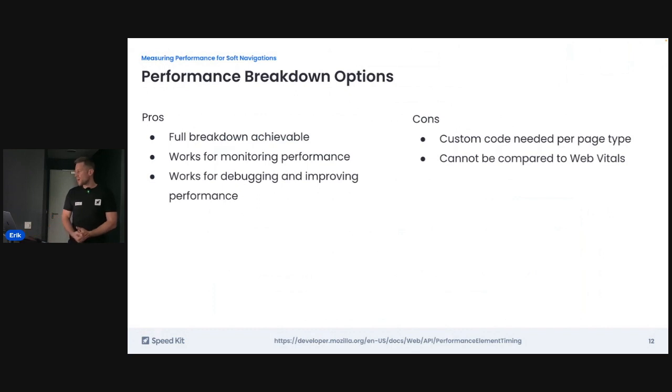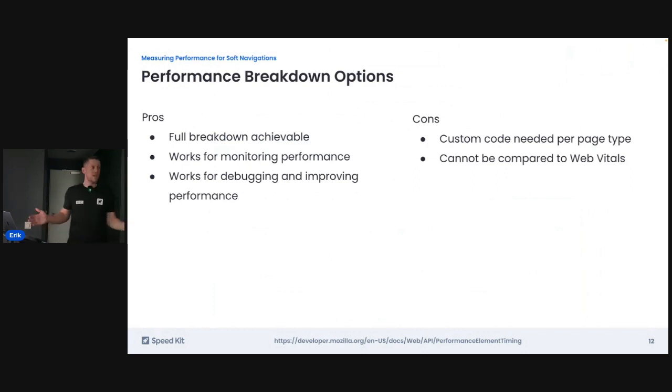It doesn't work that well for ease of use. You still need a lot of custom code in order to program that. And it's probably code that you need to do custom for at least every page type, because you need to identify the main element for the user. The other things probably more or less work, but you definitely need to identify the elements that you're interested in on the page.